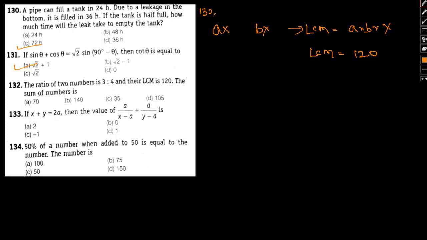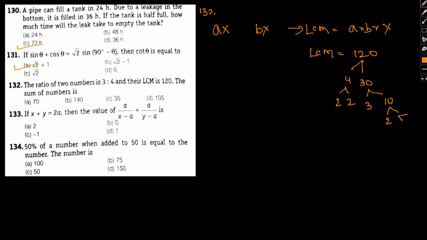120. Okay, so if we prime factorize this 120, how can we write the same? Say 120 can be written as 4 into 30. This 4 can be written as 2 into 2, that is 2 squared. 30 can be written as 3 into 10, and 10 can be written as 2 into 5.